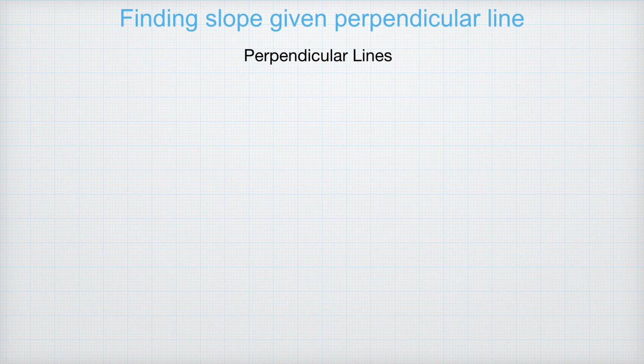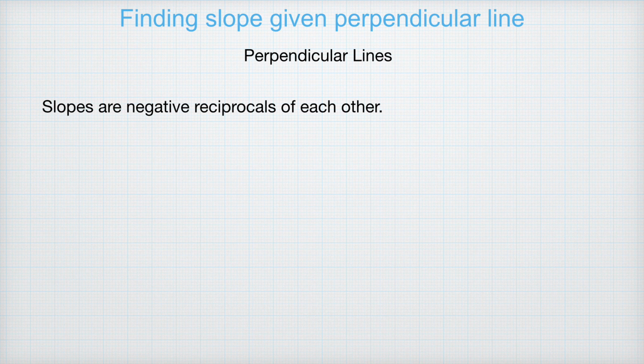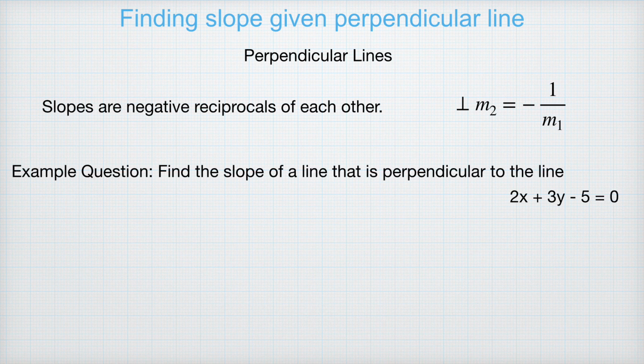Perpendicular lines have slopes that are negative reciprocals of each other. If given the slope of a line and the perpendicular slope is needed, then we must invert the slope and change the sign. Example question. Find the slope of a line that is perpendicular to the line 2x plus 3y minus 5 equals 0.